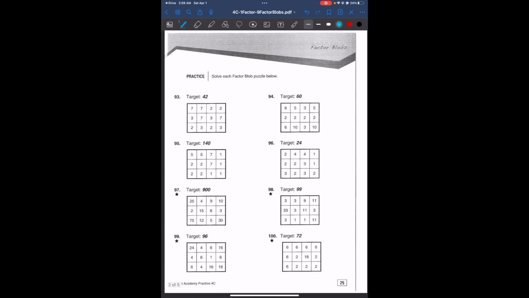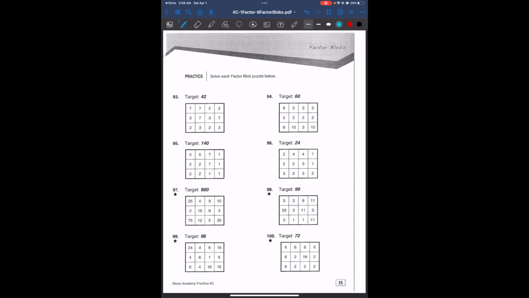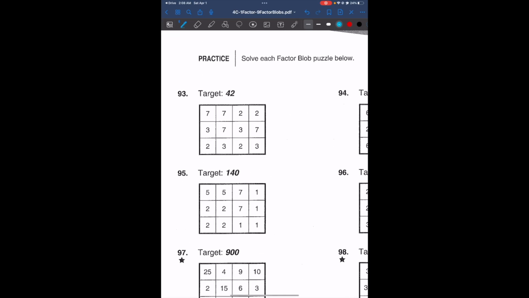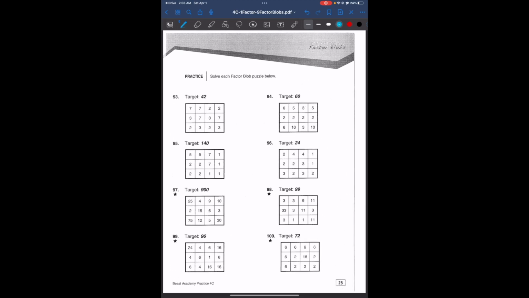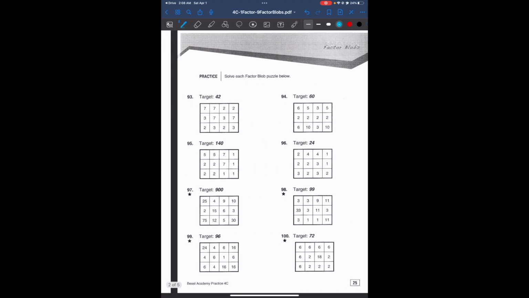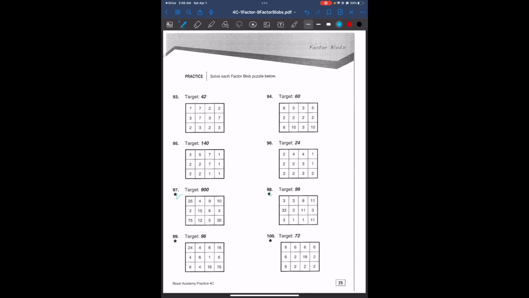Now we have some more factor blob puzzles. And so I want you guys to solve problem 93 on your own because we have a lot more difficult factor blob puzzles, as you can see with the stars.